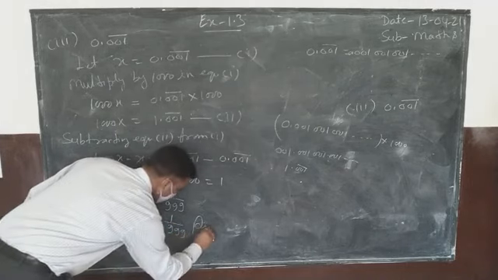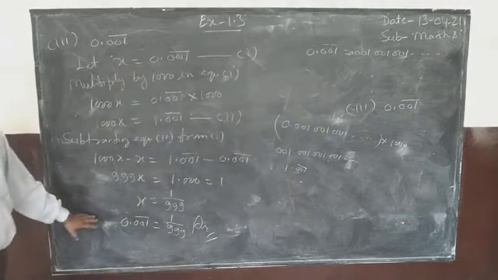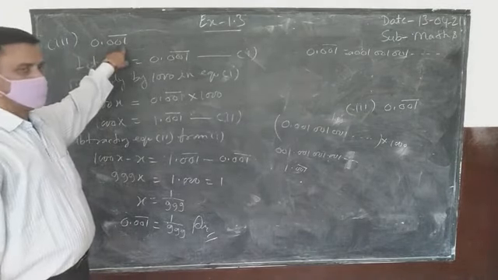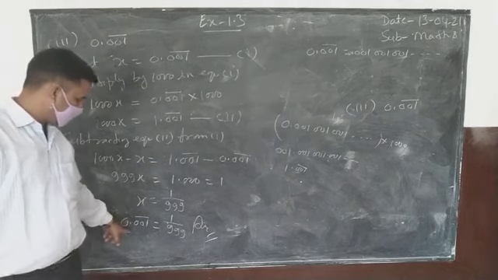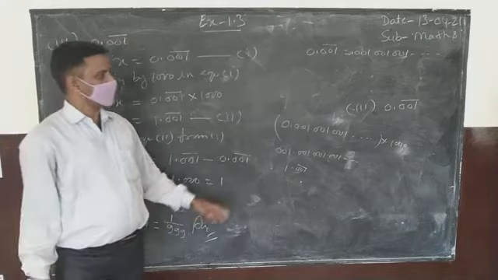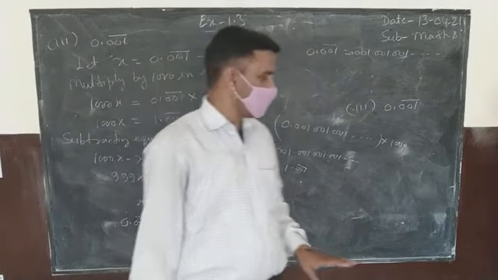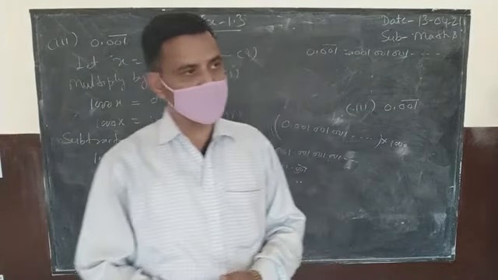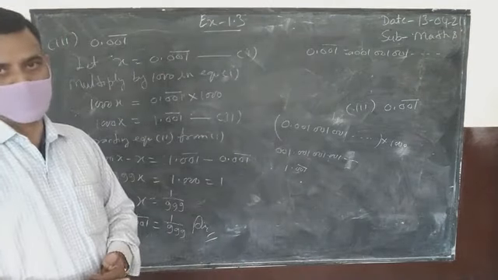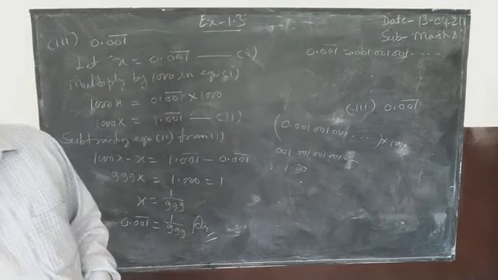This is the rational form of 0.001 bar, meaning P upon Q form. Your third part has been solved here. This is how to convert any decimal number into rational form. Yes, note it down.